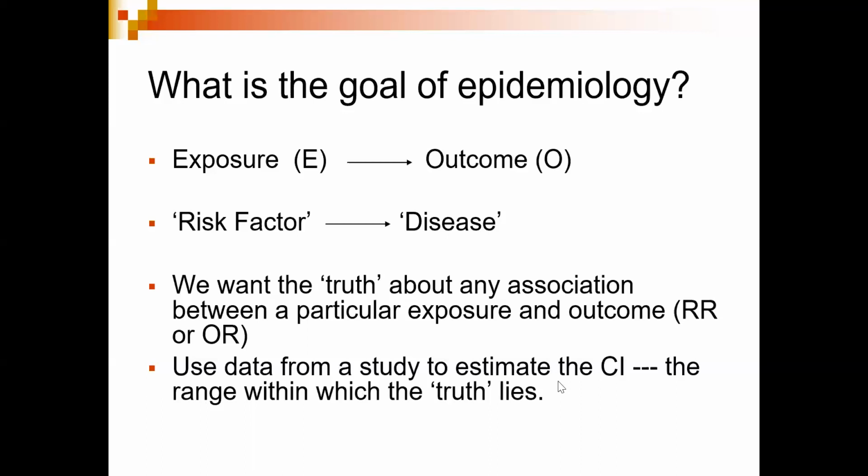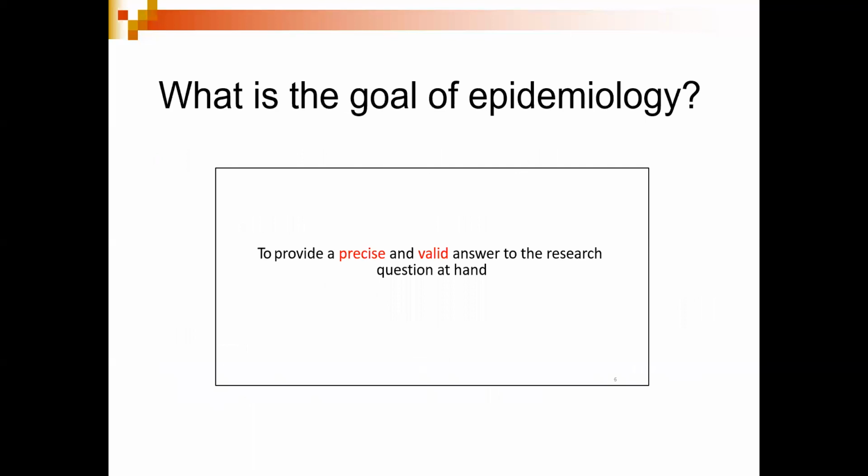So what you want in this whole epidemiology is to make sure you get the truth. Usually in terms of our results, you don't get a single result, but you get a result with an associated confidence interval, which then indicates where the truth actually lies. So the whole aim is to provide a precise and valid answer to the research question at hand. That's the whole purpose.